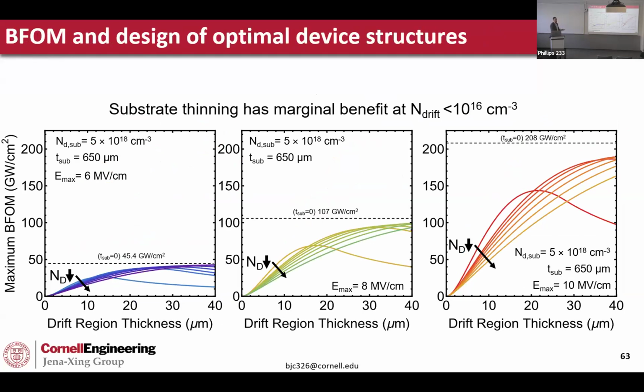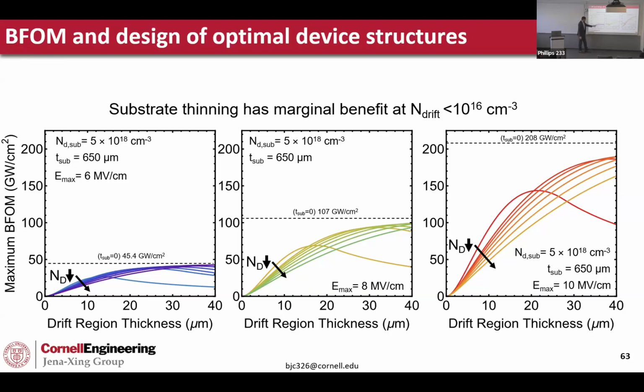Now, there's a few things I want to point out. Remember how before I said there's a diminishing return for the substrate thinning? If you assume that the substrate is infinitely thin and you're just using the drift region thickness, your contact resistance would be worse in that case, but we're not even dealing with current in these assumptions.